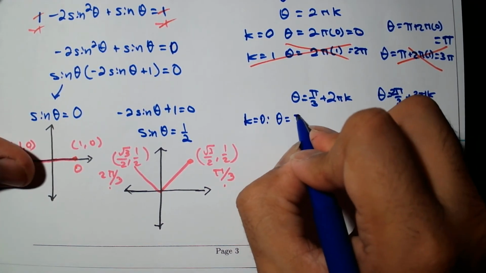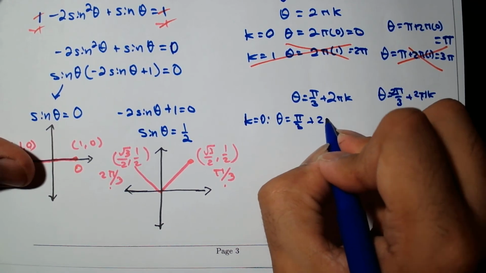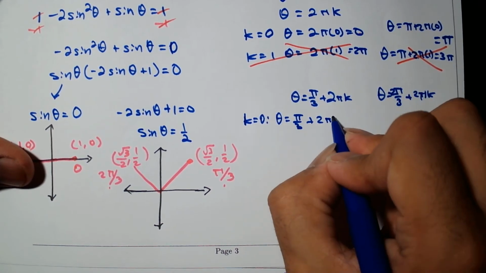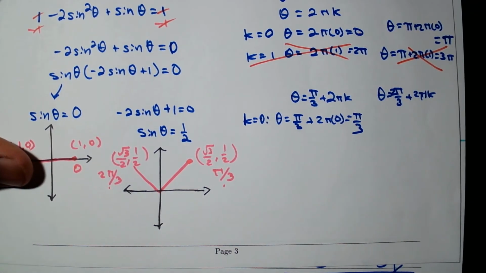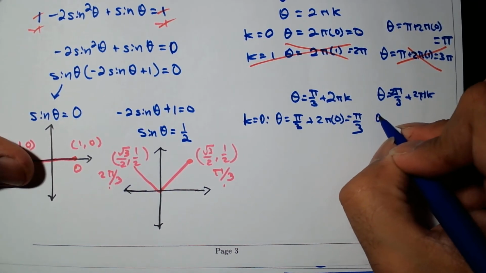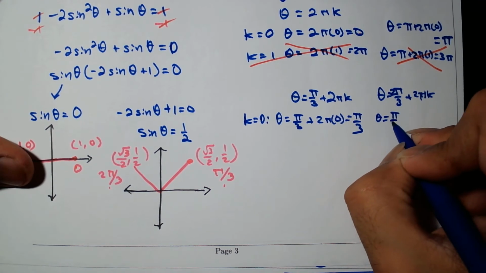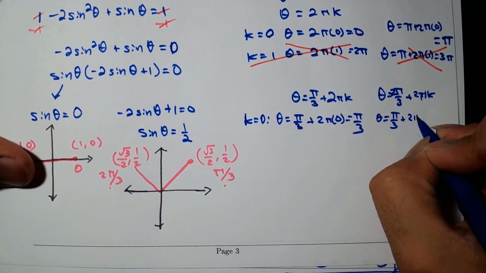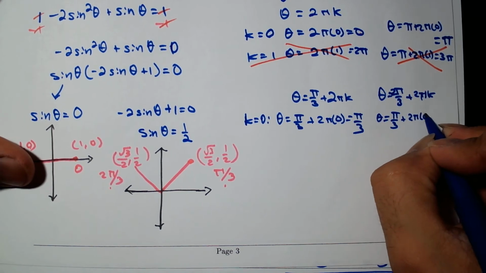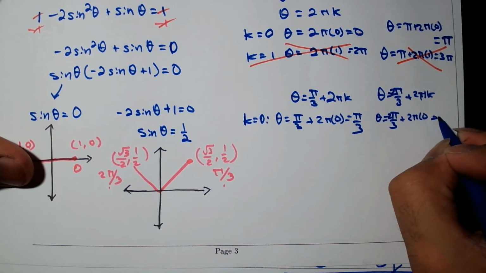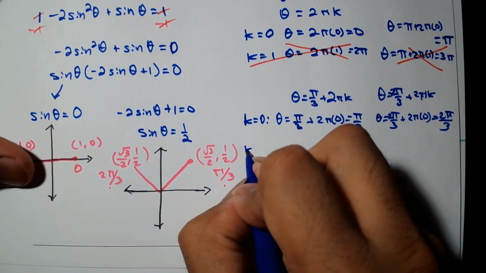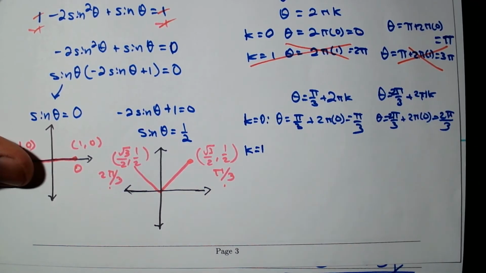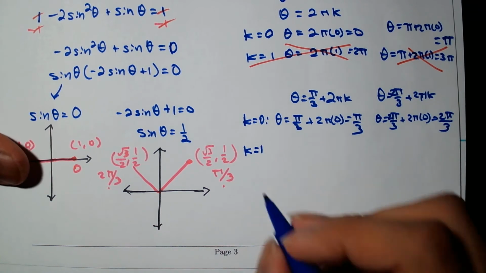Theta equals pi over 3 plus 2 pi times 0. Well, I should have just written 0. That's simply pi over 3. That's one solution. And then theta equals 2 pi over 3. Now k equals 1. Let's see, what do we get for k equals 1?